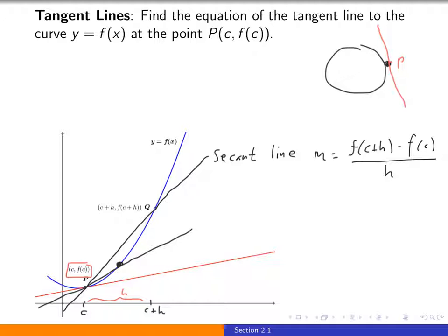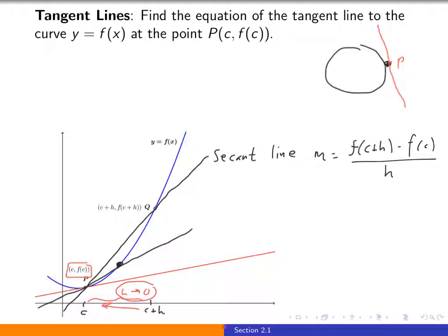That is to say, as we take the limit, this familiar concept that we defined in the previous section, of h going to 0, h going to 0 makes the point c plus h go to c. The slope of the secant line is going to become the slope of the tangent line.